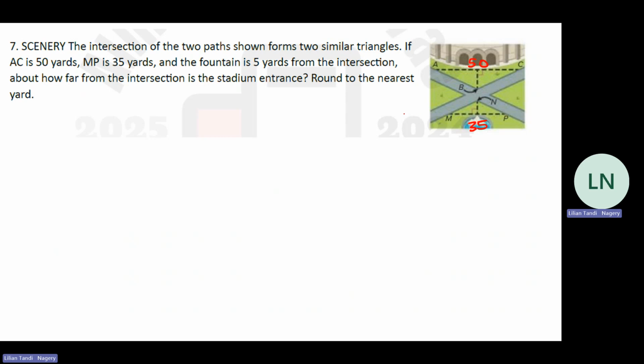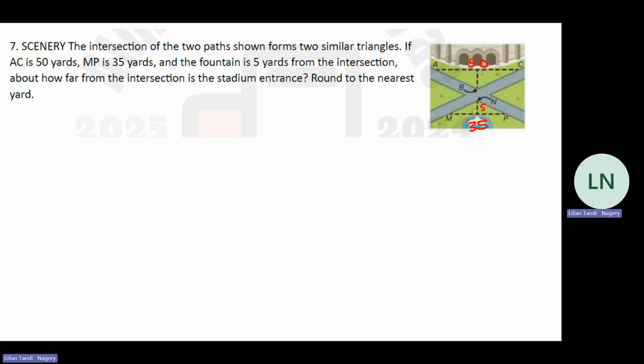The fountain is 5 yards from the intersection. Here is the fountain. See, there's water there.